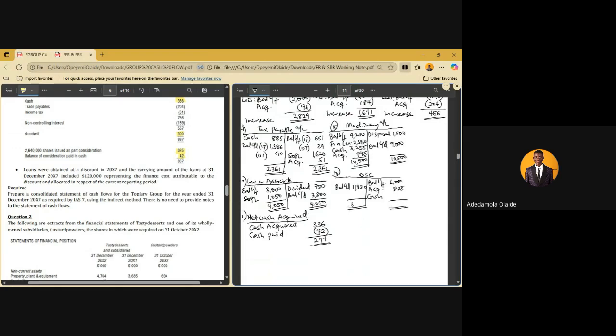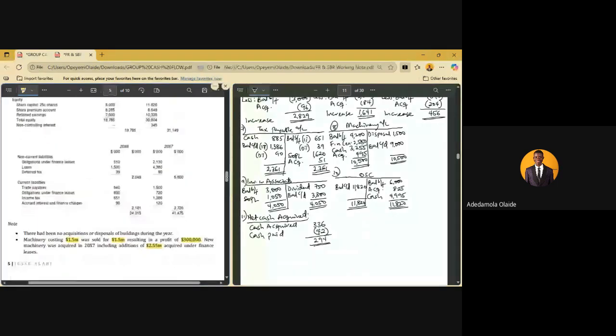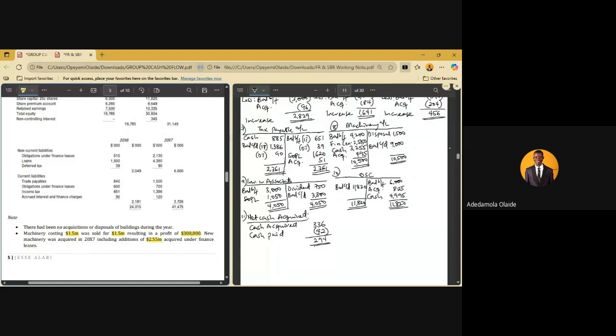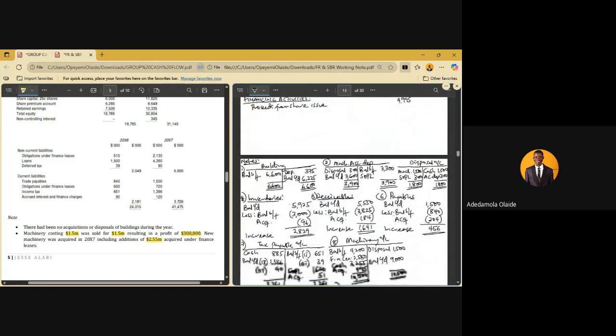How much would that be? $4,995. That's an inflow. Share premium must also increase.